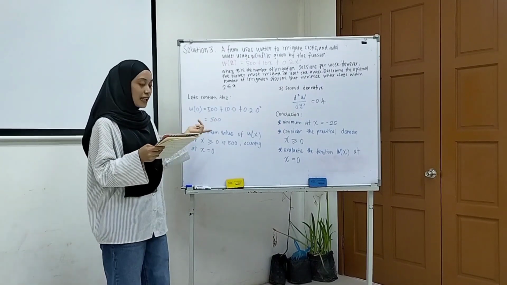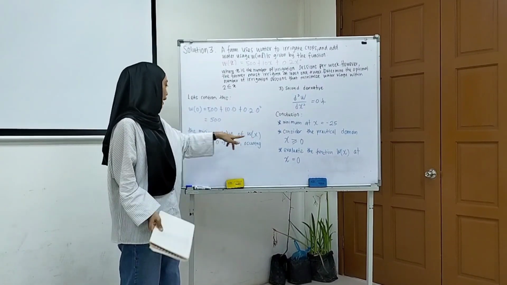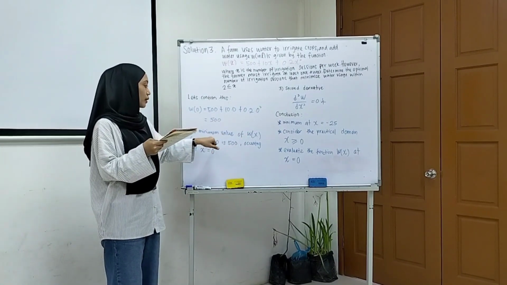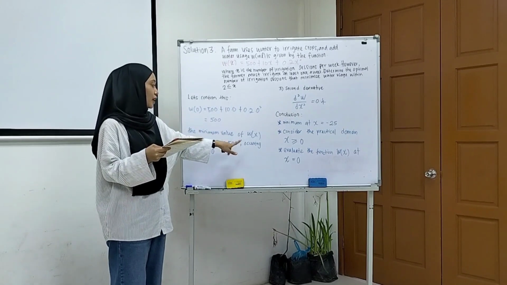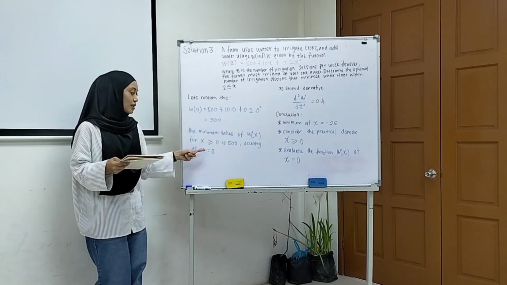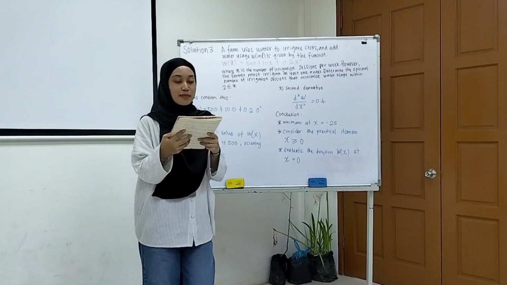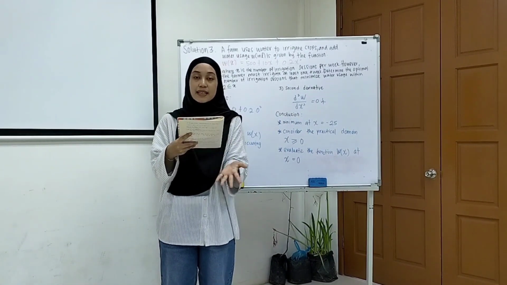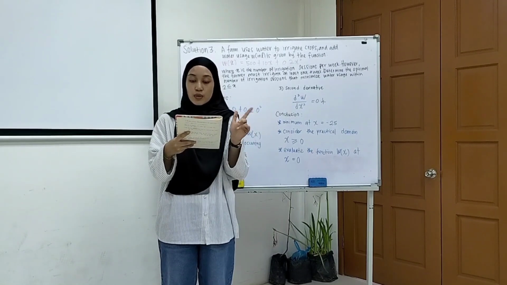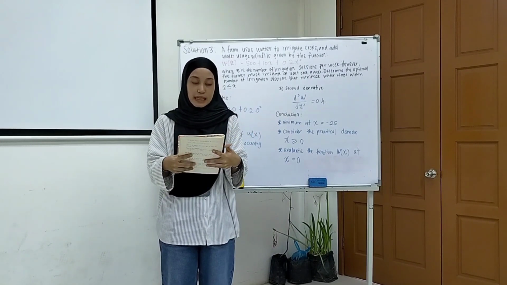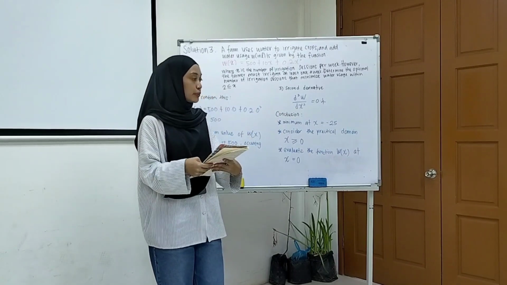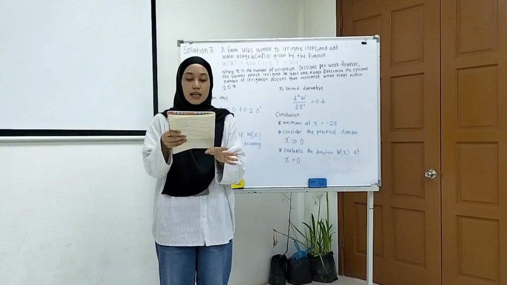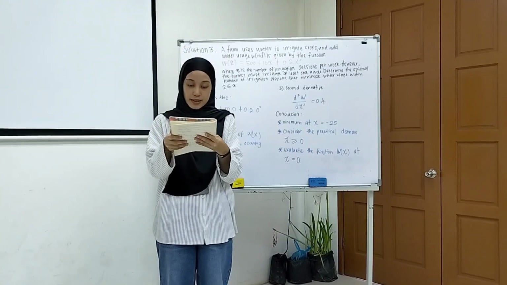Therefore, the minimum value of W for x more than or equal to 0 is 500, occurring at x equals 0. So the minimum water usage occurs at x equals 0 sessions per week, yielding W(0) equals 500 liters.